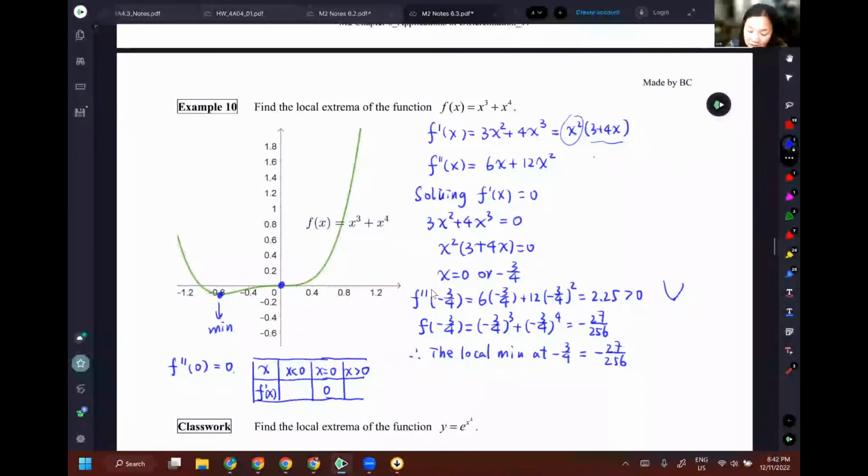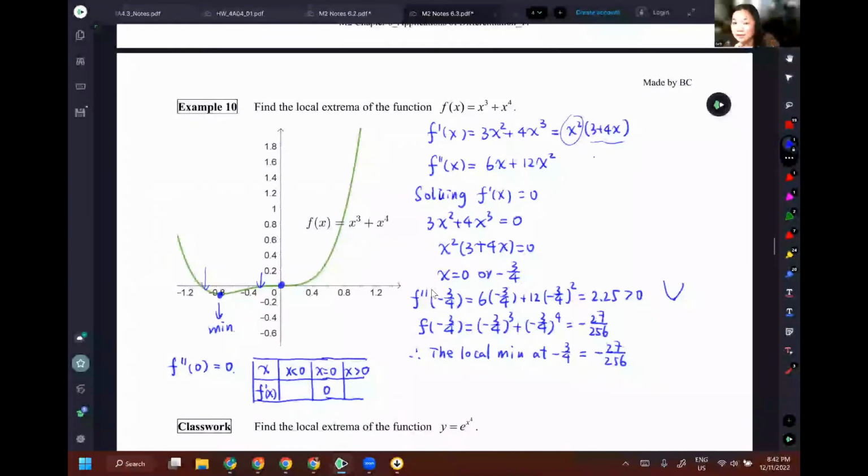From the graph, you should test a little bit smaller than 0, not negative 1, because negative 1 is not in the range between 0 and the other stationary point. You should choose a value that is very close, as long as it doesn't pass into another range.